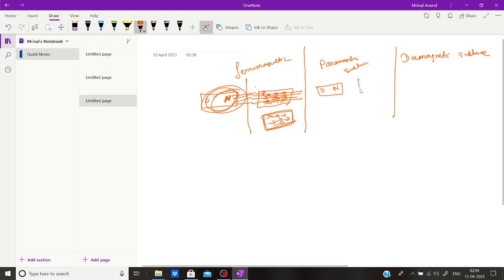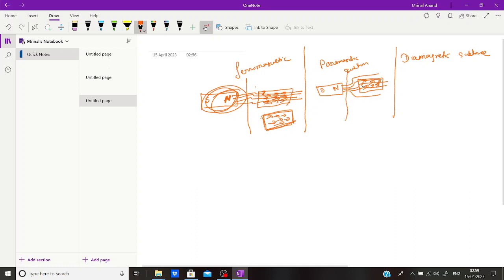Let us put a paramagnetic substance in, and if the magnetic field crosses it, some will move out and some will move through it, and its domains will be feebly attracted by the magnetic field.